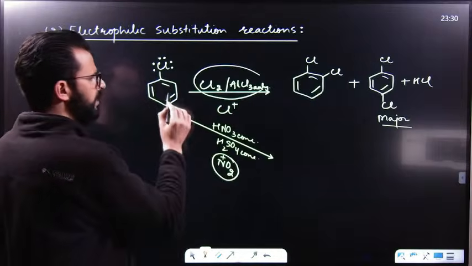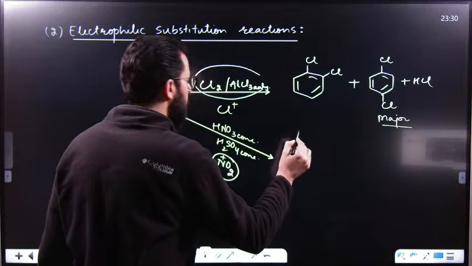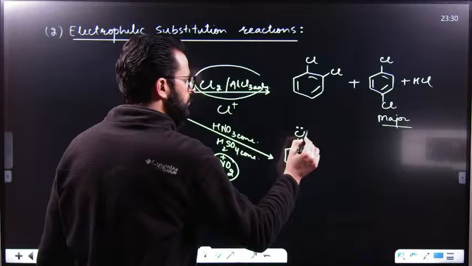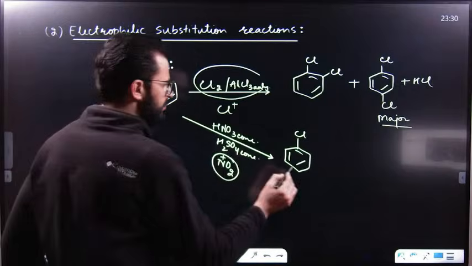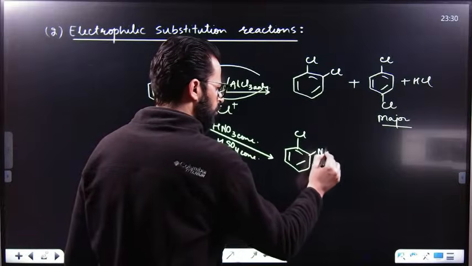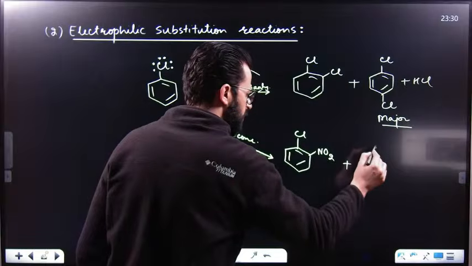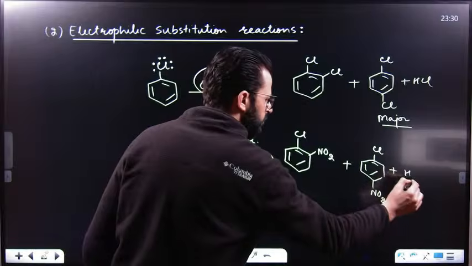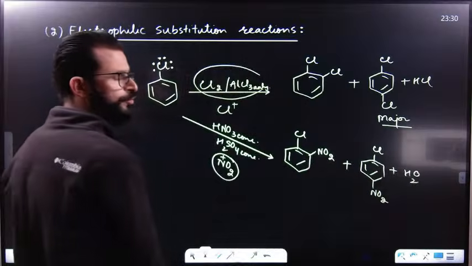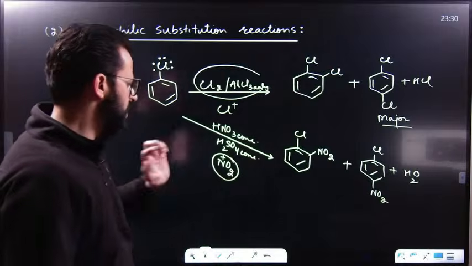So this nitronium ion will go either to ortho or para position, because in case of chlorobenzene, in case of haloarene, electron density will be more at ortho and para position. So the electrophile will go to ortho and para position. This reaction is known as nitration because we have introduced a nitro group in this benzene ring. Here we introduced halogen, so halogenation; this is nitration.